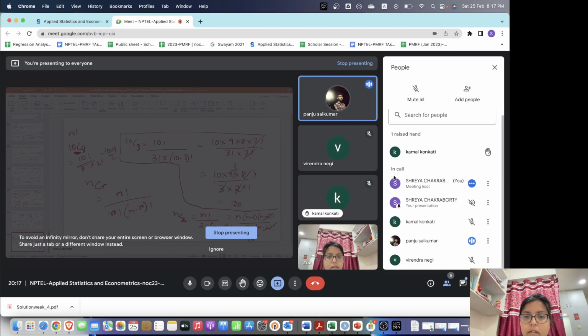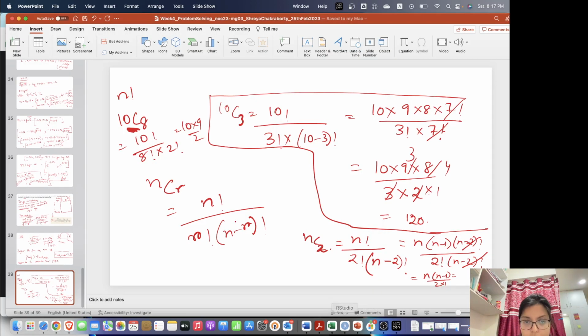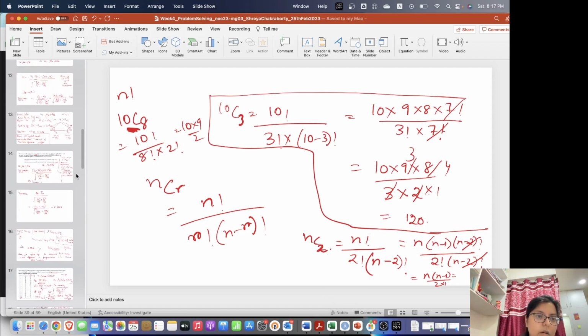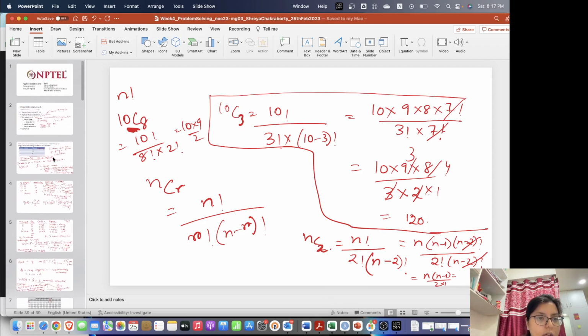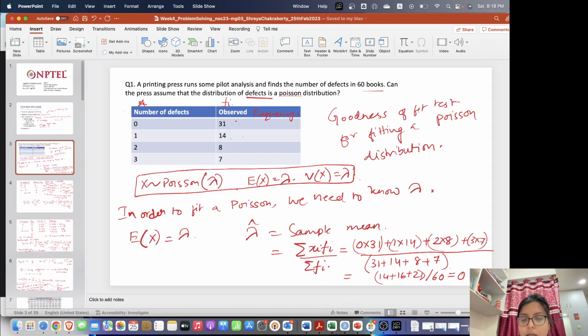Ma'am, in the first problem we did, I had a question. Today's first problem? Yes. It shows whether this observation is related to Poisson distribution or not.